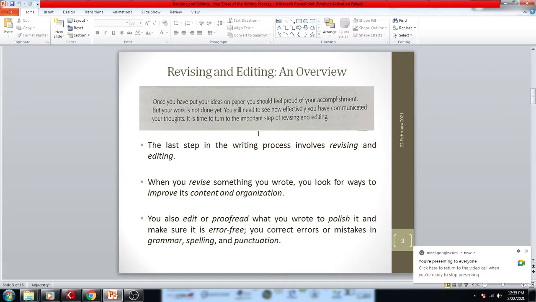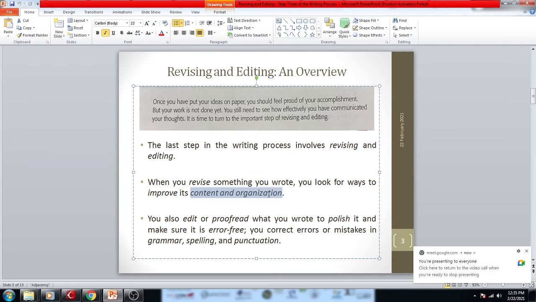The last step in the writing process involves revising and editing. When you revise something you wrote, you look for ways to improve its content and organization. And so, revising deals with content and organization. You also need to edit or proofread what you wrote to polish it and to make sure it is error-free. You correct errors or mistakes in grammar, spelling, and punctuation.